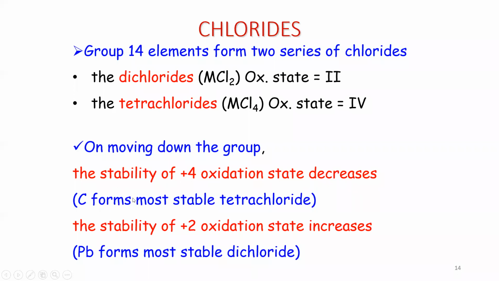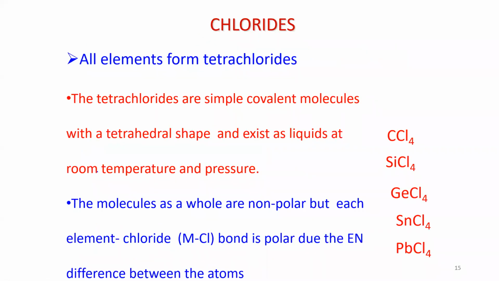So your carbon forms more stable tetrachloride. Your carbon is higher up, so it is more stable in the +4 oxidation state, so it forms more tetrachloride. So we have carbon tetrachloride and all that. The stability of the +2 oxidation state increases down the group. I've already explained this and the reason.